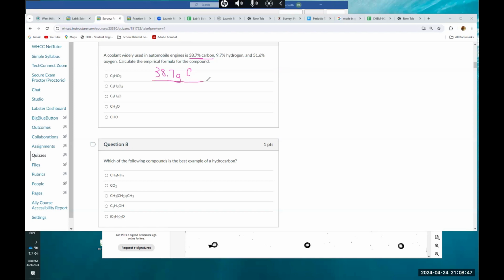You said divide that by the atomic mass. What is the atomic mass of carbon? 12.011. Okay, we're just going to round to 12, a nice whole number, to make it a little easier for ourselves. So 12 grams of carbon is 1 mole.